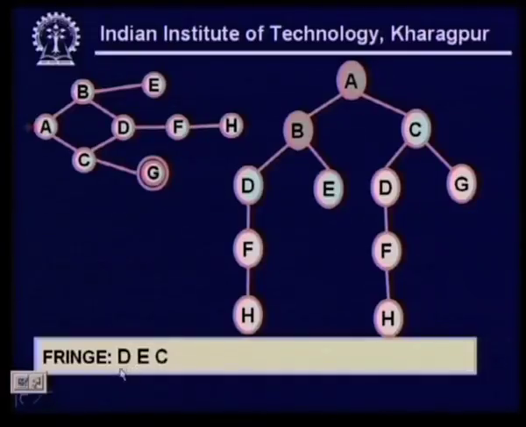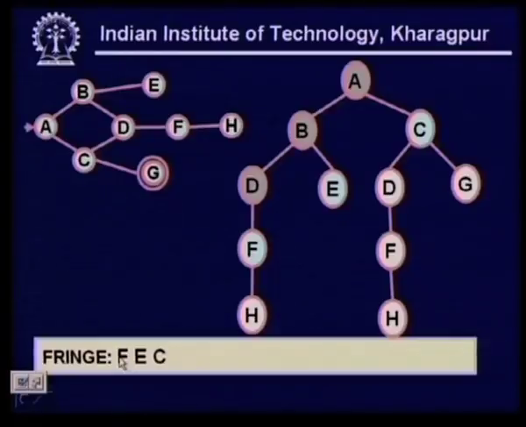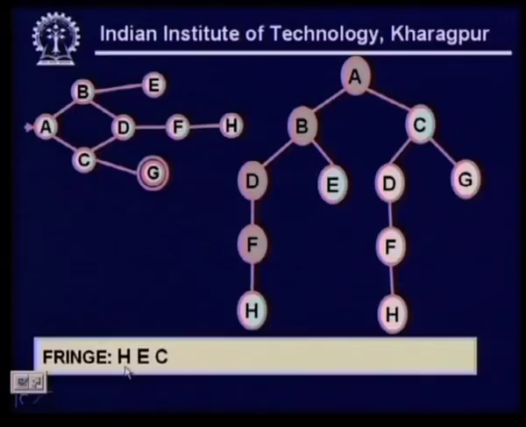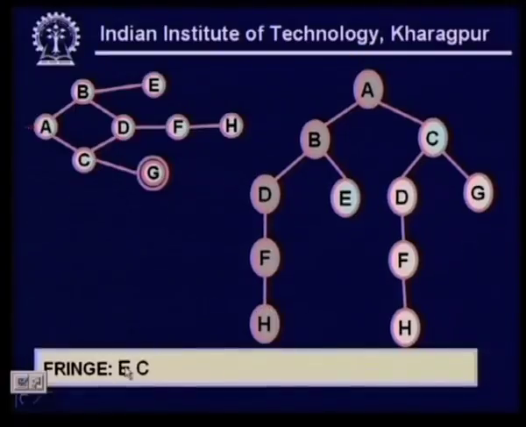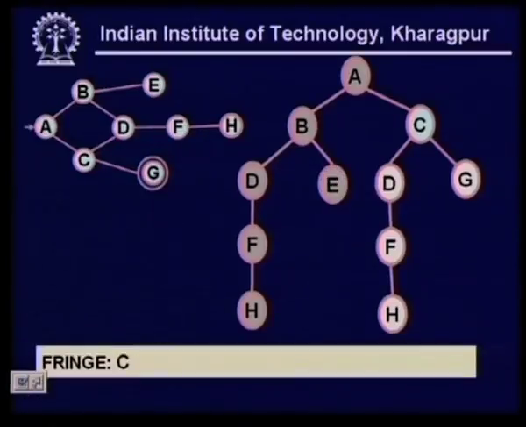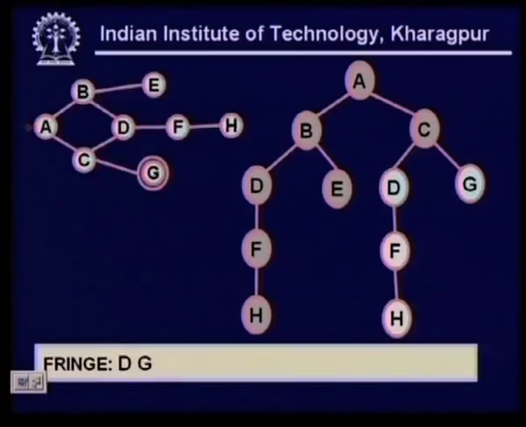Then the first node from fringe, that is D, is removed, and its successor F is added to the front. Then F is removed from fringe, its successor H is added. Then H is removed, and then E is removed, then C is removed, its successors D and G are added in the beginning.